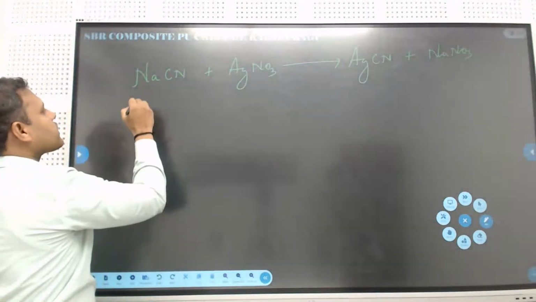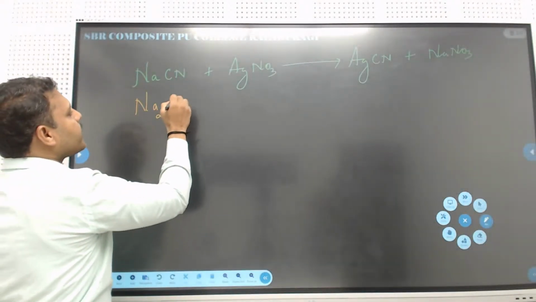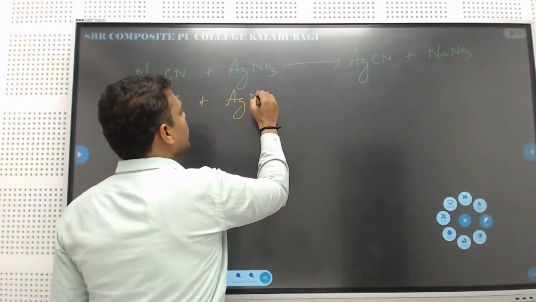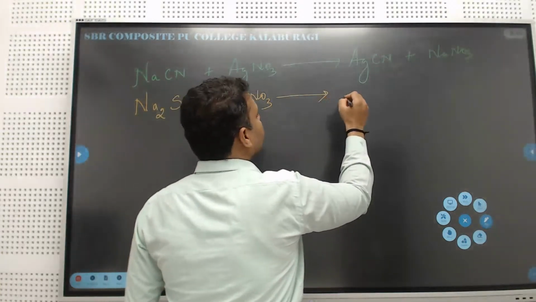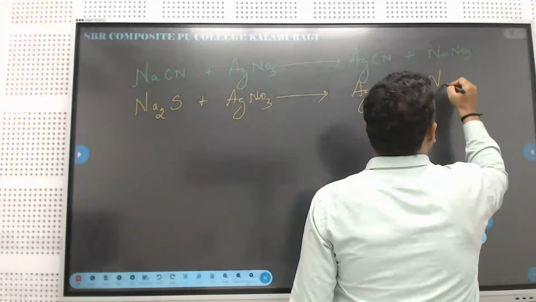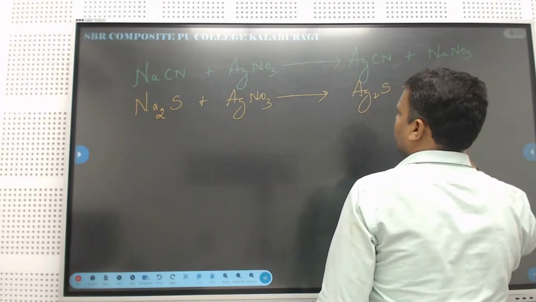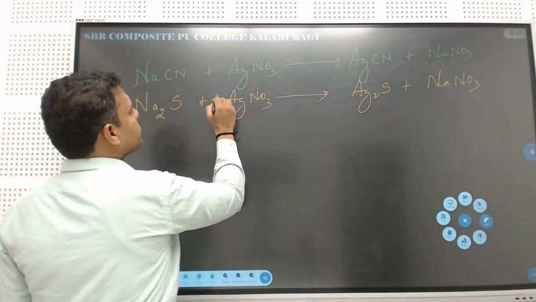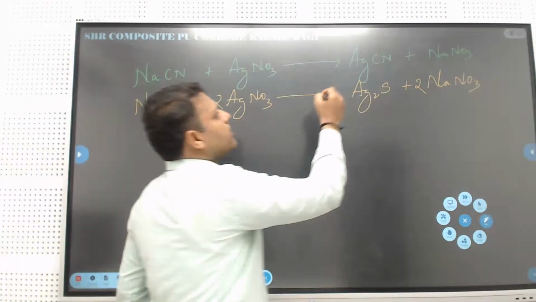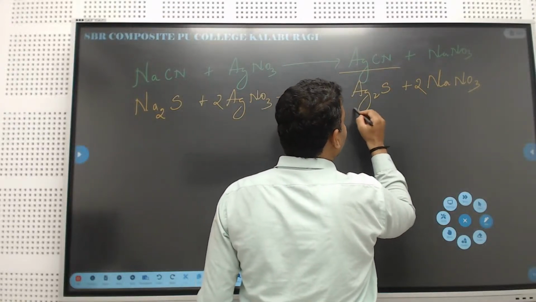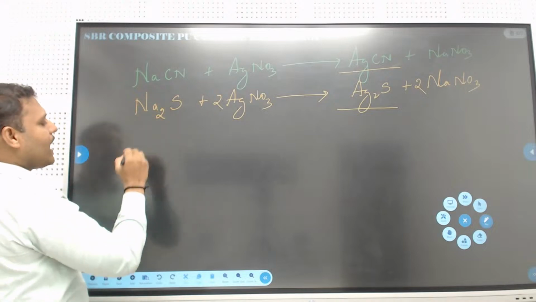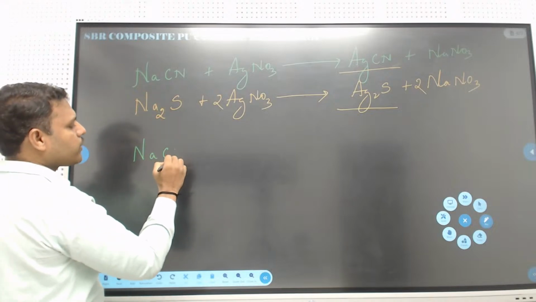Similarly, if sulfur was present, it would appear as Na2S, and on addition of AgNO3 we would get a precipitate of Ag2S along with the formation of NaNO3. So in order to avoid the interfering species silver cyanide and silver sulfide, it is essential for us to add dilute HNO3.